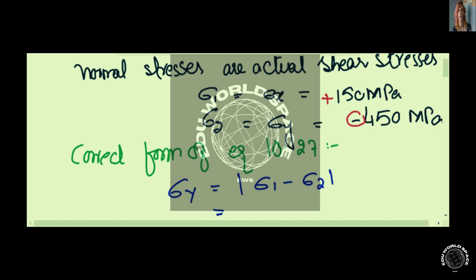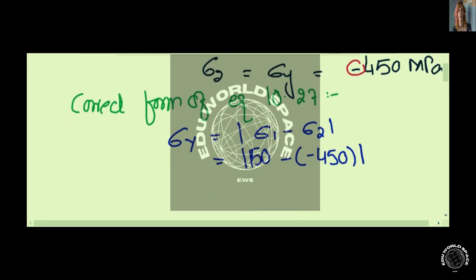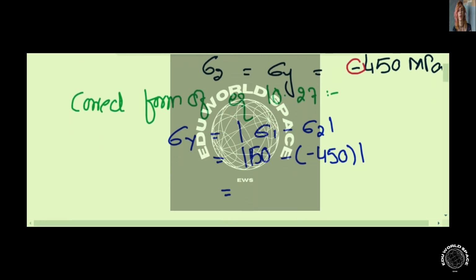So that is equal to 150 minus negative 450, right? And negative negative is positive. So when you calculate it, you get sigma sub y is equal to 600 megapascals, right?